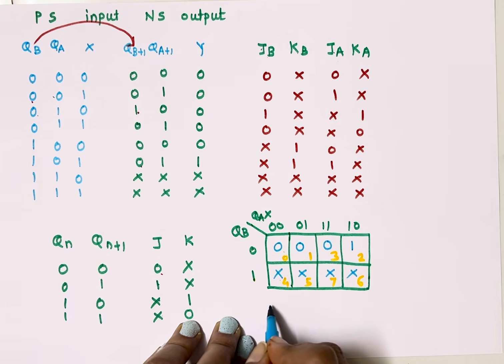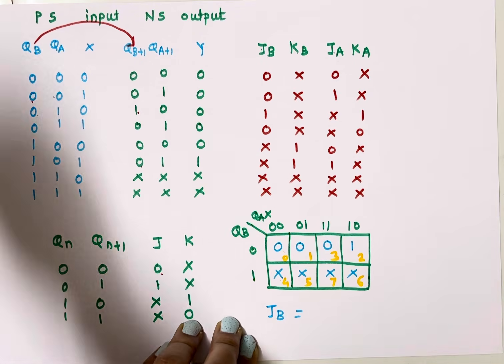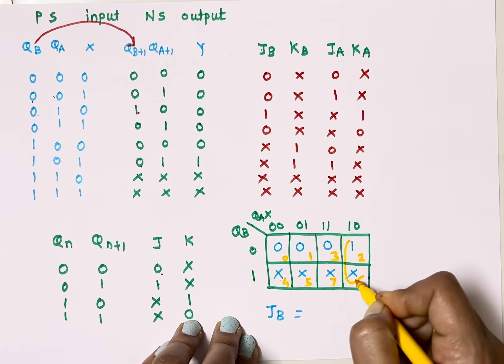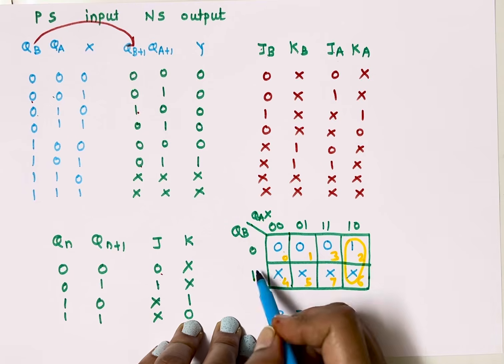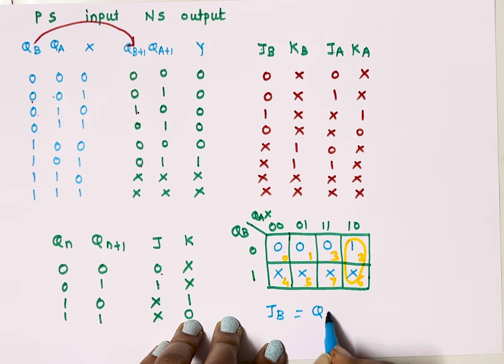For the JB equation we can make a pair of 1 and don't care. So the equation can be written as, here the value of QA is 1, so QA as it is, and what is the value of X? X is 0, so X bar. This is the equation for JB.